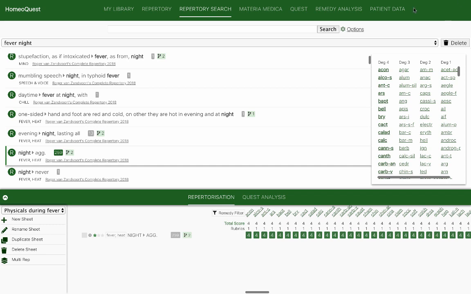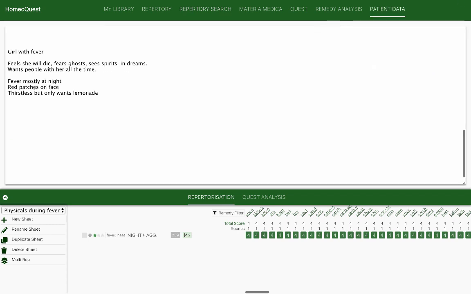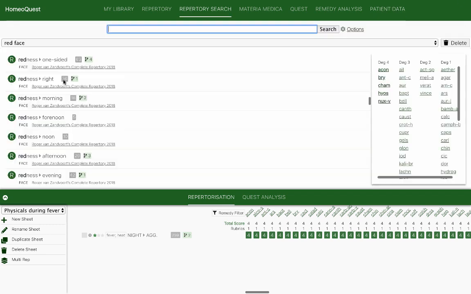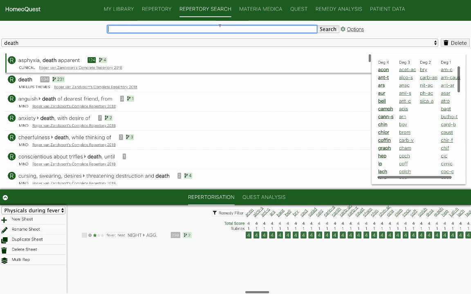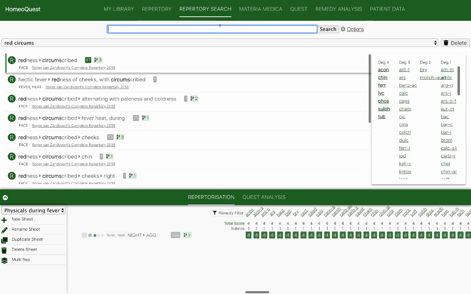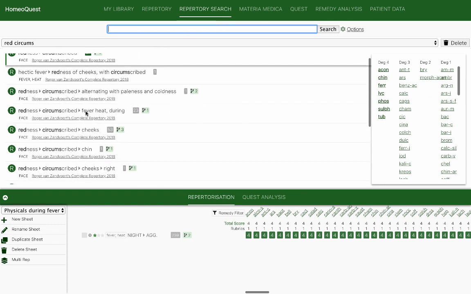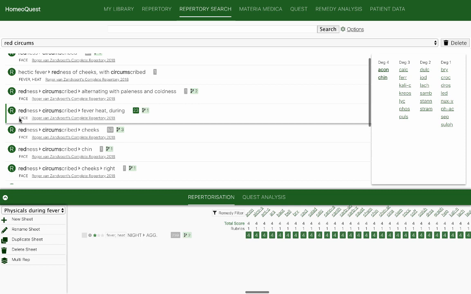Let's look at the next symptom, and that is red patches on face. So you have red circumscribed patches on the face, and we're looking for especially during fever. When I look for redness circumscribed fever during, we have only 23 remedies, which is a small rubric for me. So I'm going to check whether I can cross the two components here.